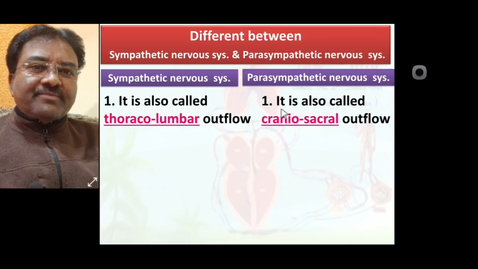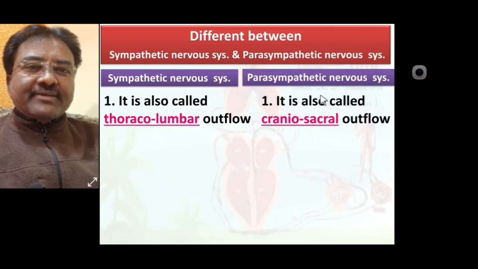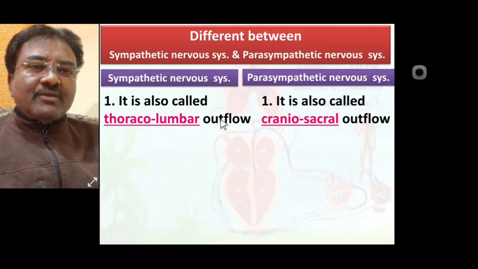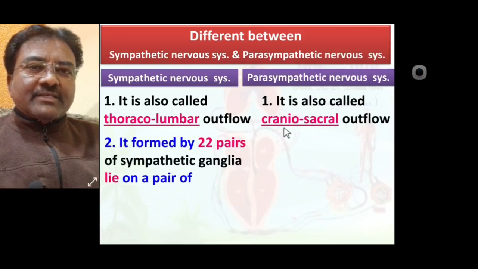So this is the first point of difference between the sympathetic and parasympathetic nervous systems.